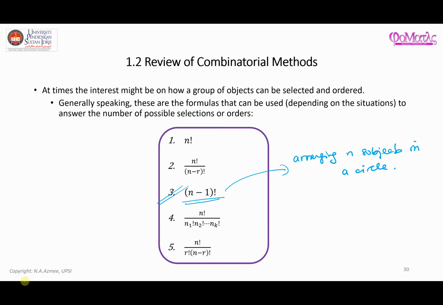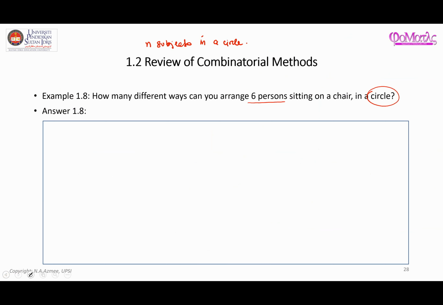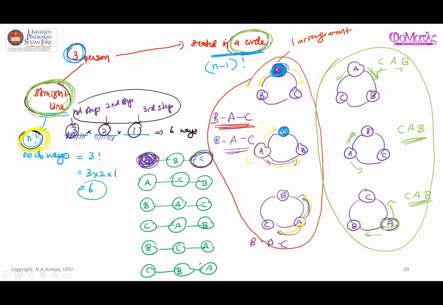Now, if we go back to the original problem, the reason I gave you a slightly different example is that with 3 persons it is easier to visualize the process and understand why it is as such.